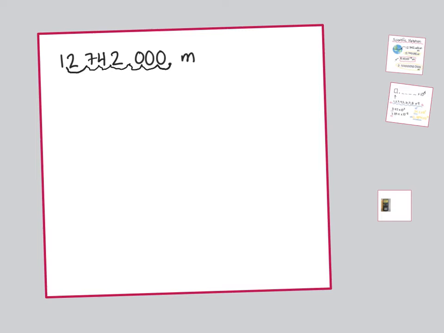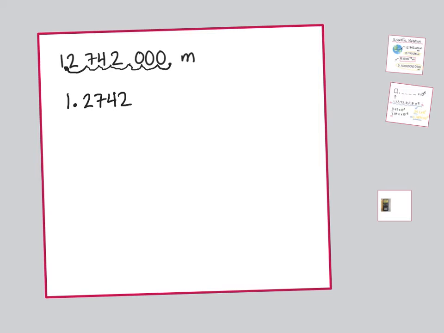And that number has to be between 1 and 9. So we got 1.2742. So now what do we do? 12 million is really different from 1.2742. 1.2742 is a lot smaller than 12,742,000. So here's where we're going to have the scientific notation part, the part that shows the magnitude of that number, how big it is.